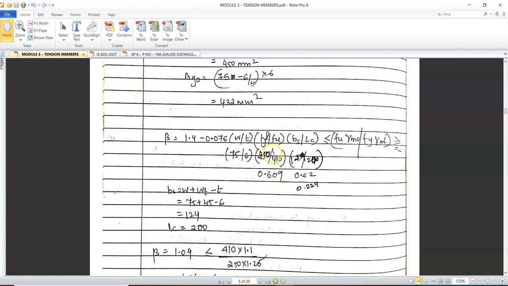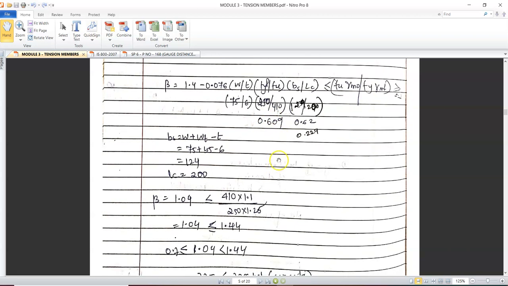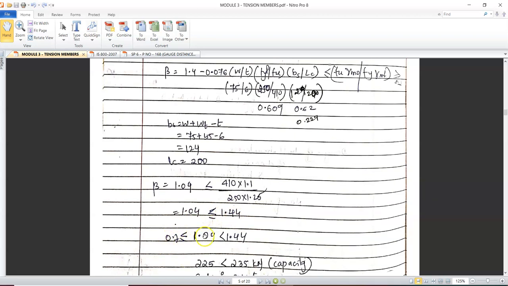Now once all this calculation is done, you will get beta as 0.609. Sorry, not 0.609, it is 1.04. So we can check with the calculator. You'll get the value of beta as 1.04. As per the code, it has to be less than 1.44 and greater than 0.7.